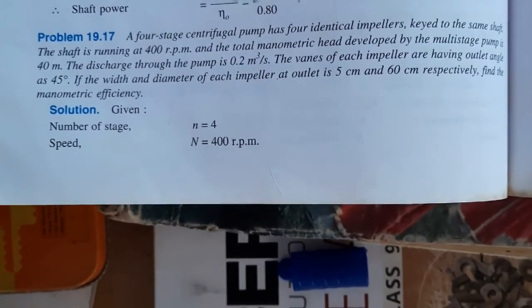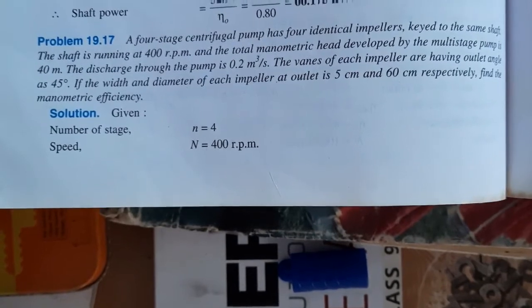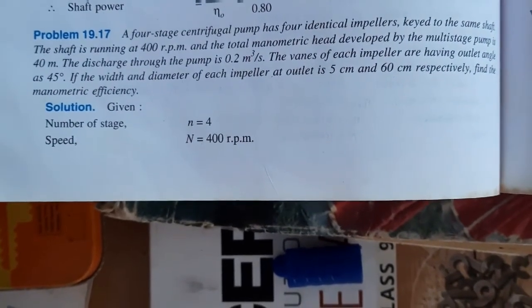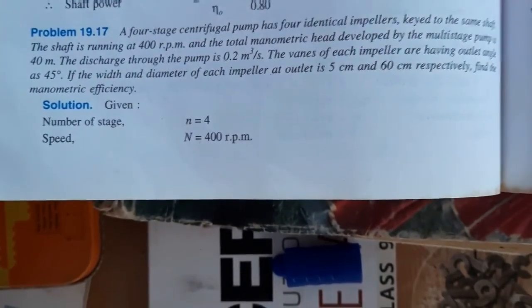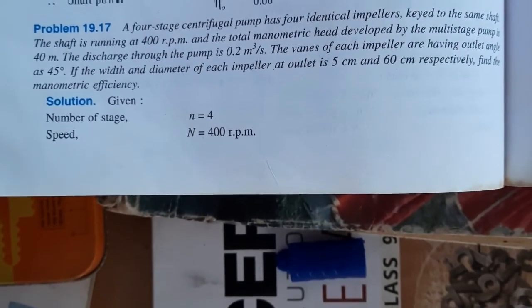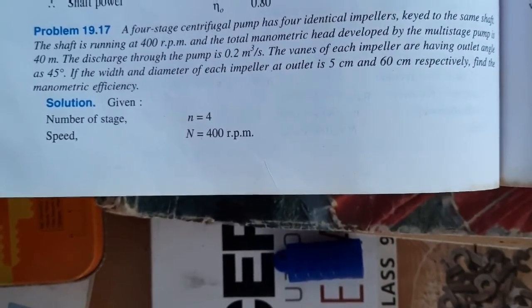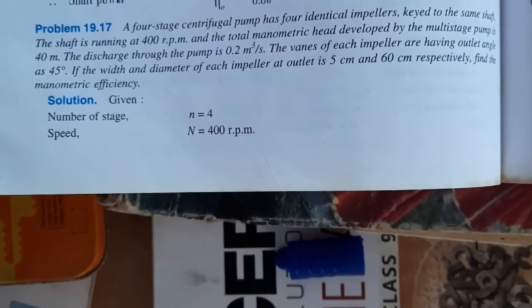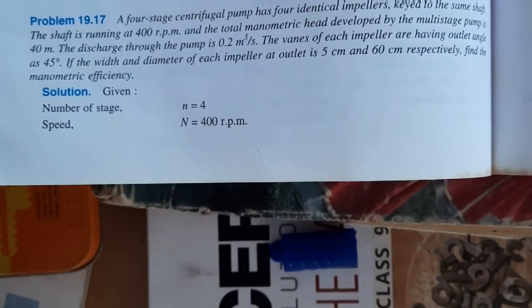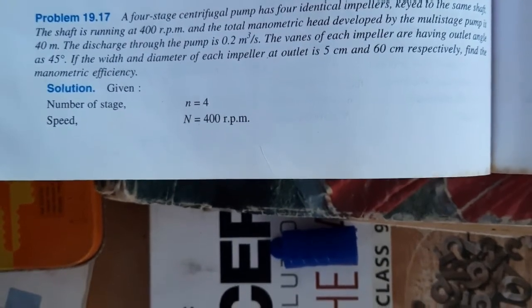The discharge through the pump is 0.2 meter cube per second. The vanes of each impeller have outlet angle of 45 degree. If the width and diameter of each impeller at outlet is 5 cm and 60 cm respectively, find the manometric efficiency.